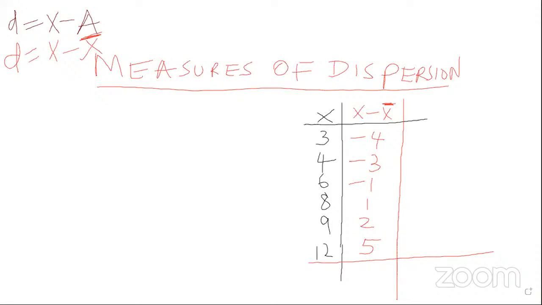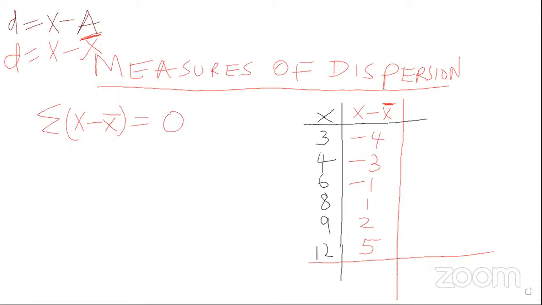I want you to add the deviations, summation of x minus x bar. Give me the total. Add those deviations down. What total do we get? 0. Very good. Write 0.